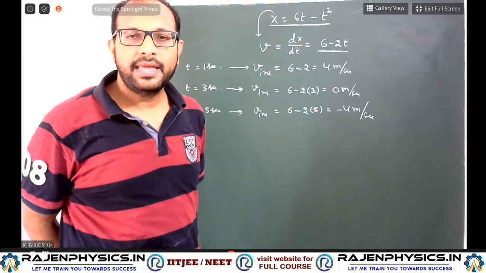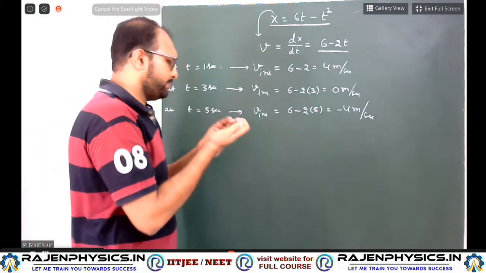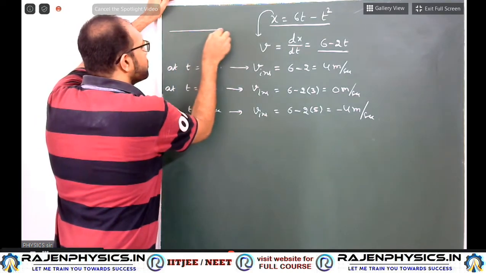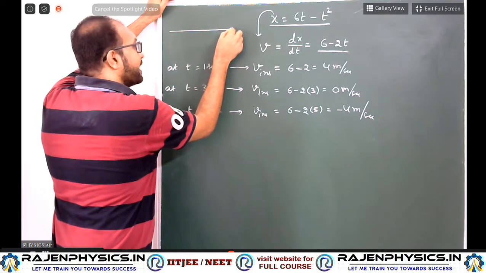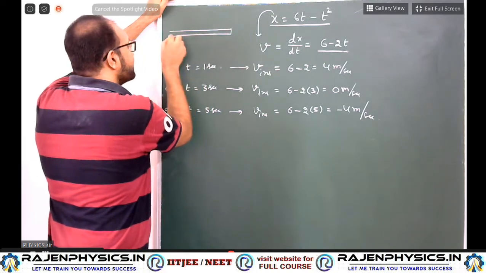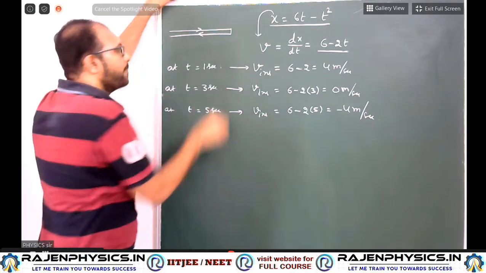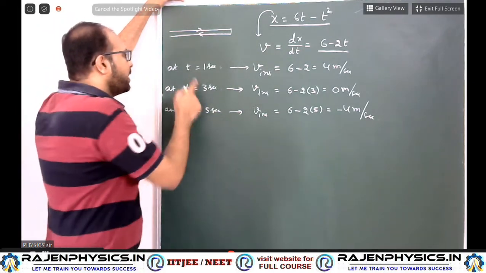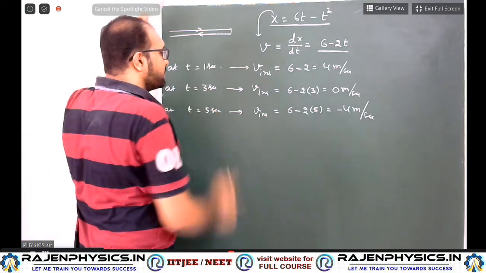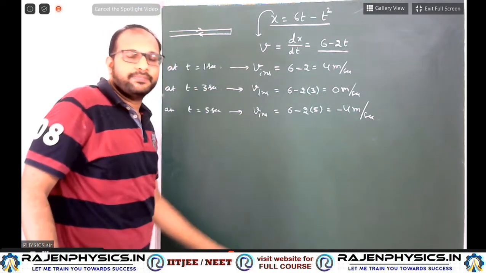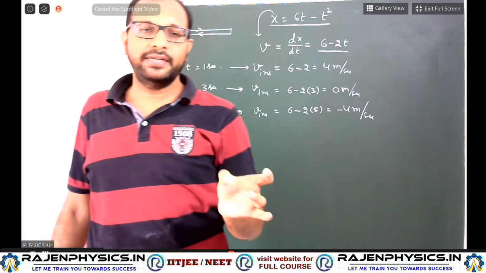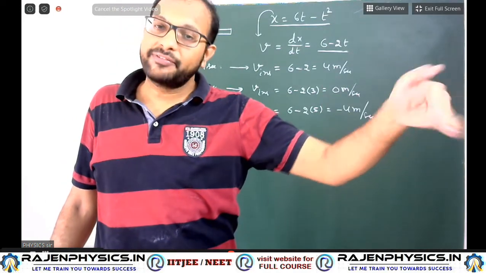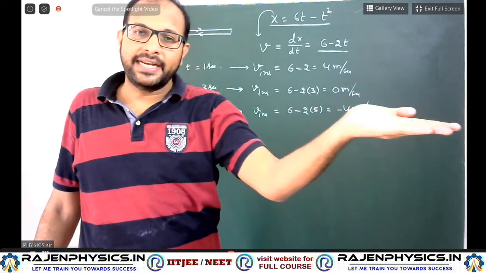That means definitely here the particle is moving along the positive x-axis and again coming back along the negative x-axis also. From t equal to 0 to t equal to 3rd second, because of 0 velocity, up to the 3rd second the particle is moving along the positive x-axis. After the 3rd second, it is a return journey, moving along the negative x-axis.